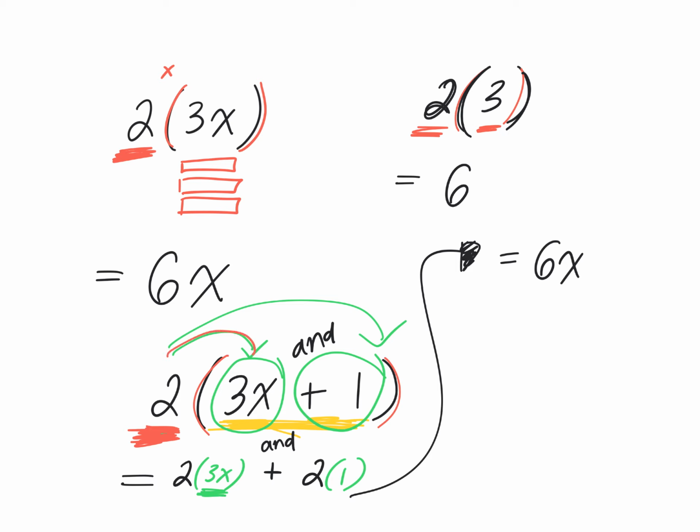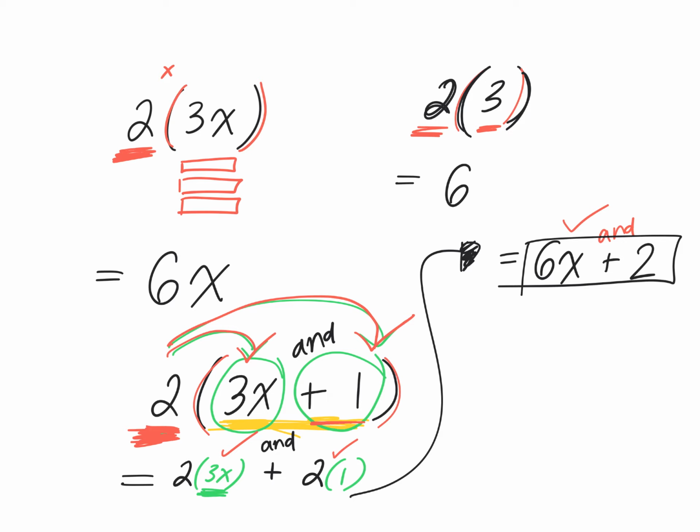So I did this. That gives me 6x. Now I have to take the 2 and multiply it by the positive 1. What's 2 times 1? So I have 6 x's and I have 2 wholes, right? Is it positive or negative? That's it. That's your answer.